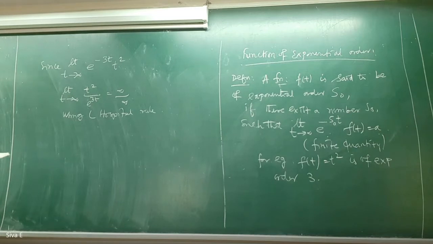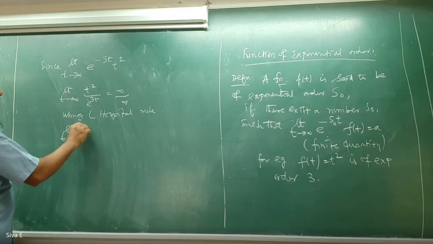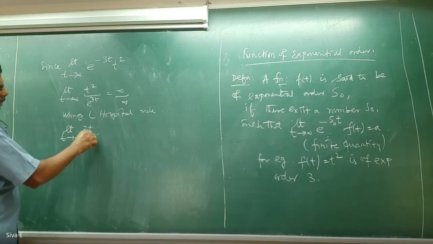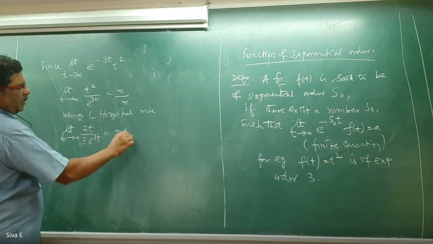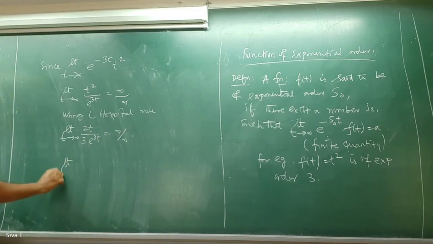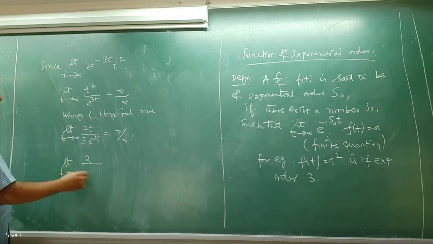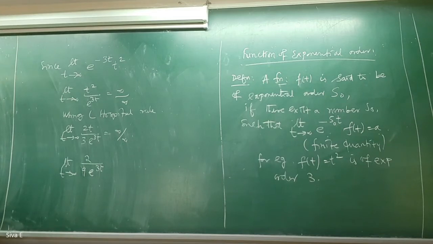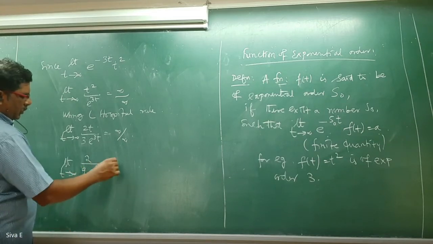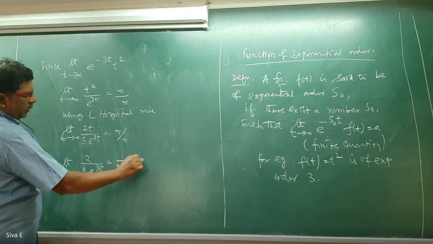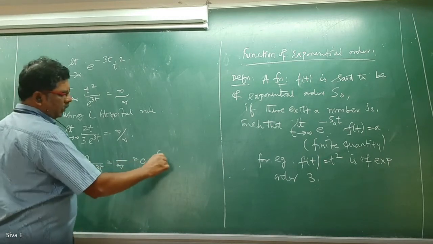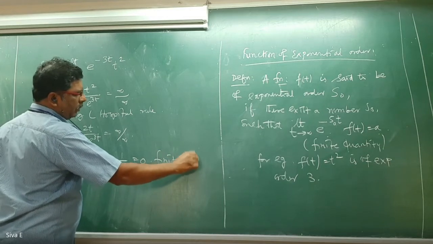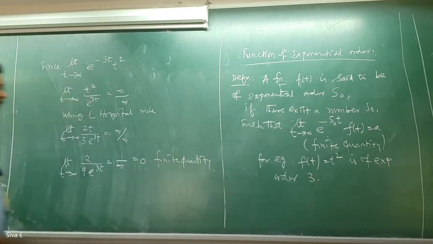Limit t tends to infinity 2t by 3 e power 3t, once again infinity by infinity. Once again, limit t tends to infinity 2 divided by 9 e power 3t, which is 1 by infinity, equal to 0. It is a finite quantity.